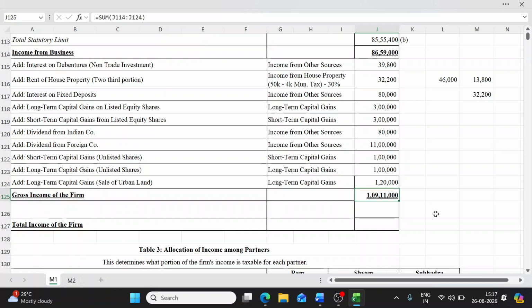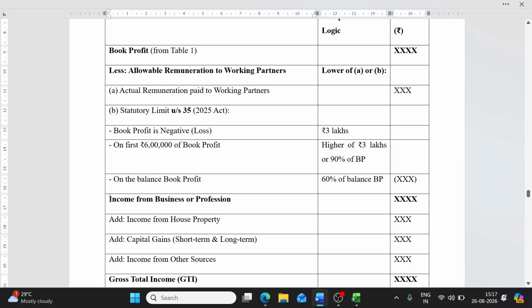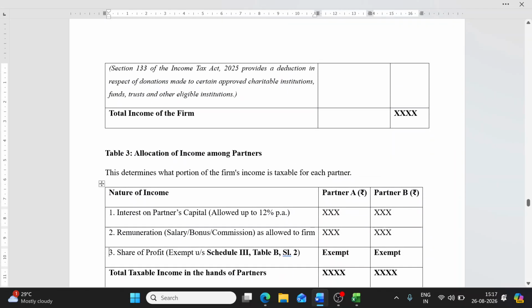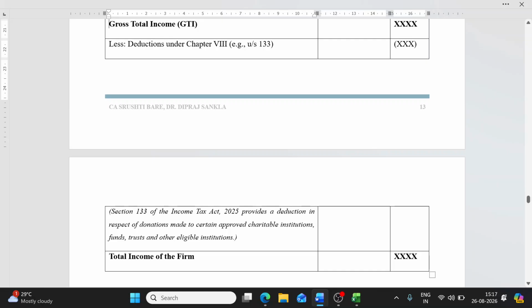But this is not the taxable income of the firm, because under Chapter 6A we can claim deductions. Here, we just calculated the gross total income, but under Chapter 6A we can claim deductions. For example, under section 80G, a donation made to certain approved charitable institutions, funds or trusts can be claimed as a deduction.